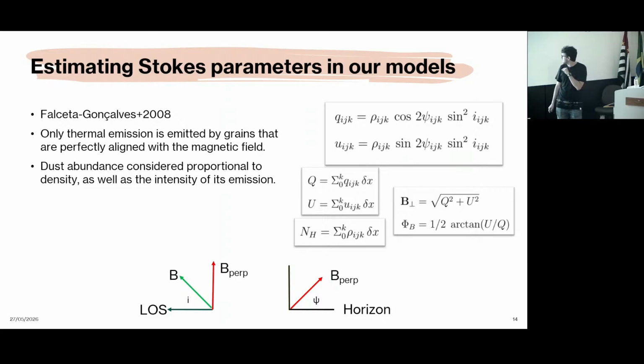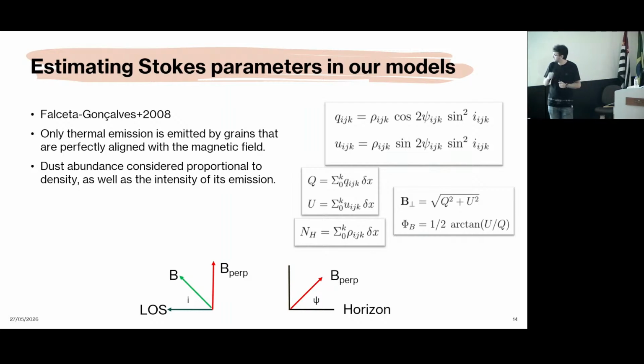And yeah, no, in this case we just made a simple assumption of the light being emitted by the dust, just as if it was thermal emission of the dust.